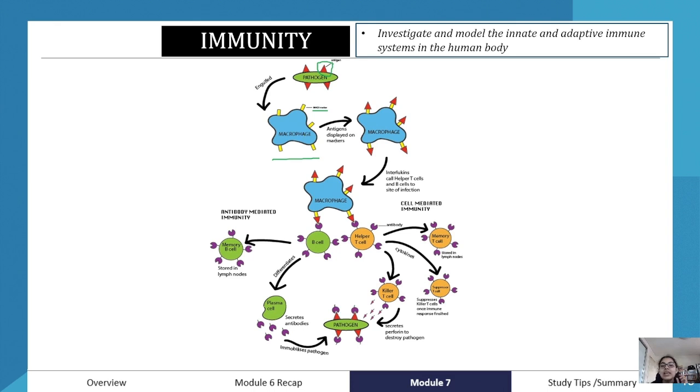Then once they engulf the pathogen, they present the antigens on their surface. This is where the MHC class 2 presenters come in. So they eat the pathogen up and then they present the antigens on their surface, right there.